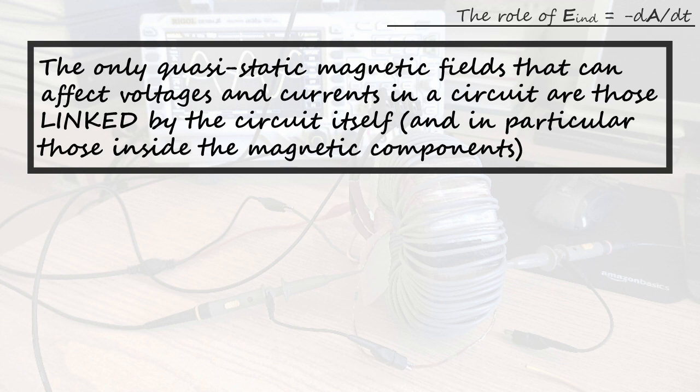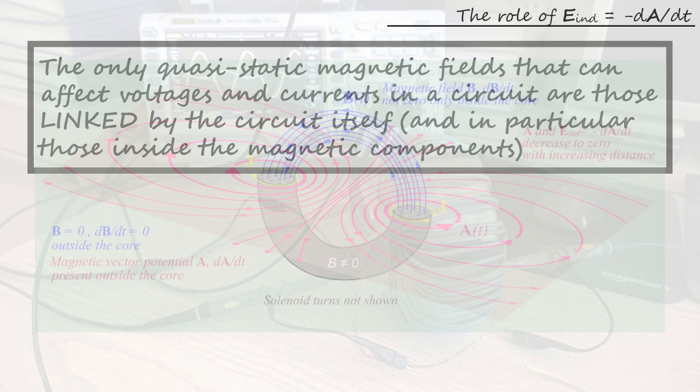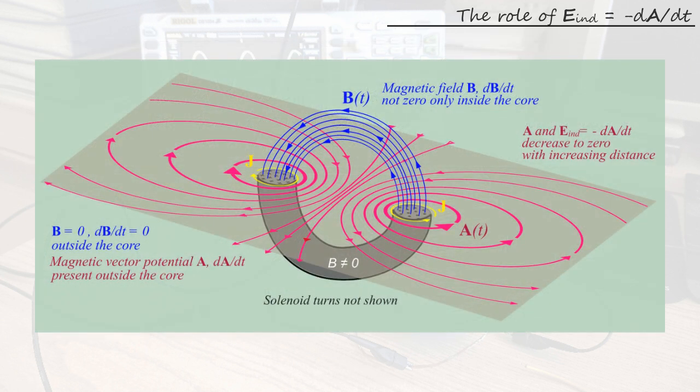In summary, when dealing with electric circuits in the presence of variable magnetic fields, we have two main fields to worry about: the magnetic induction field dB in the T and the induced electric field E induced equal to minus dA in the T. And both of them will eventually die out sufficiently far away from any finite source.